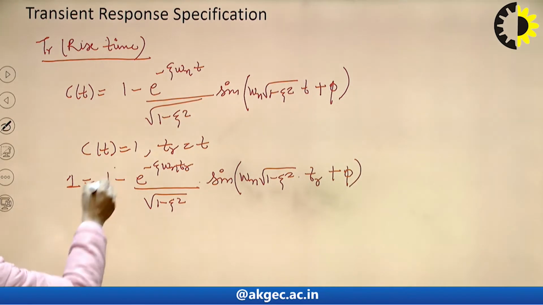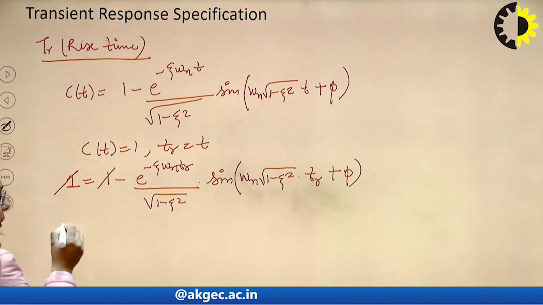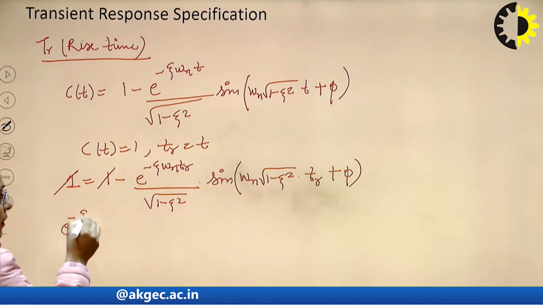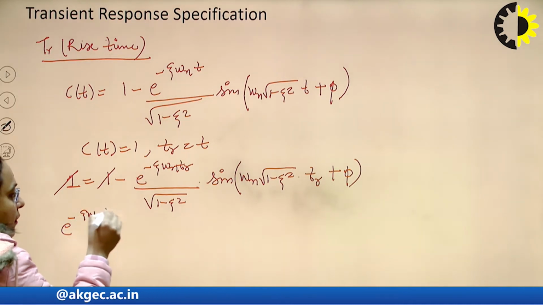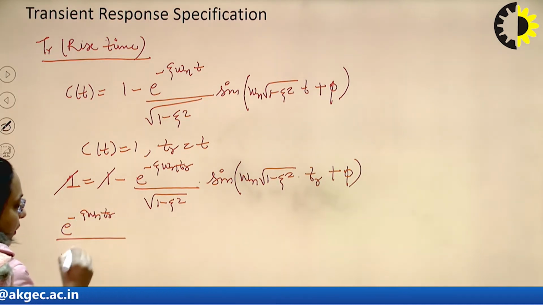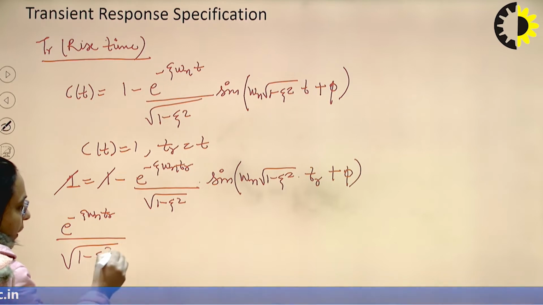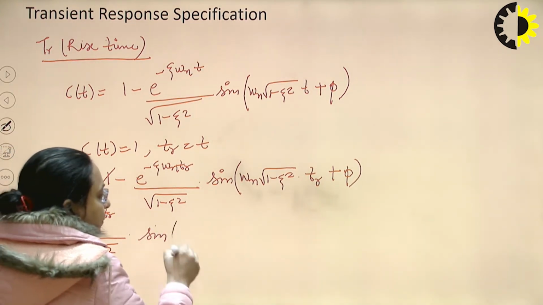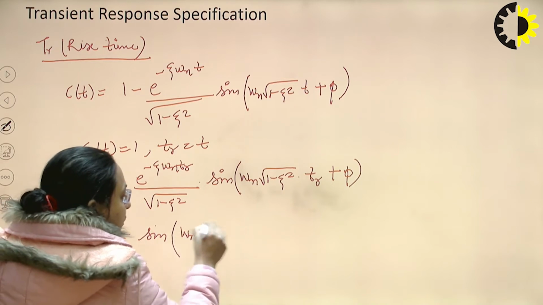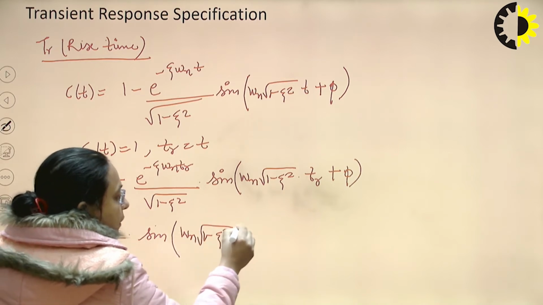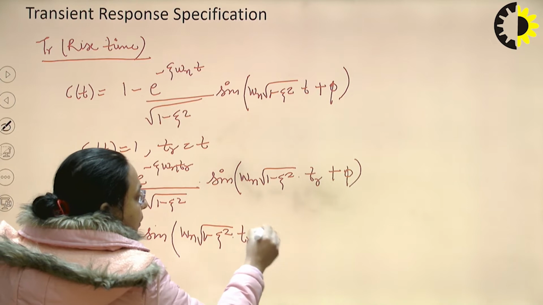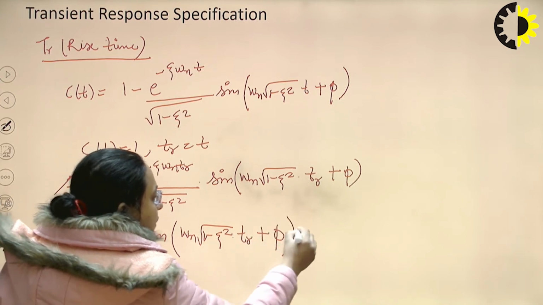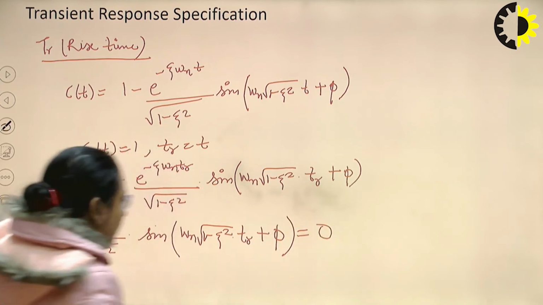So 1 can be cancelled out from here, and this can be written as (e^(-ζωn TR) / √(1-ζ²)) sin(ωn√(1-ζ²) TR + φ) = 0, right?